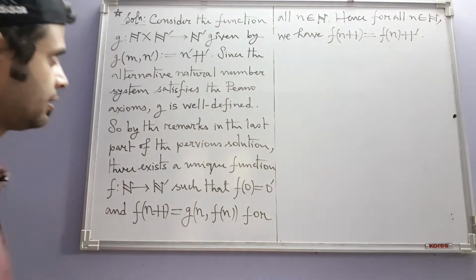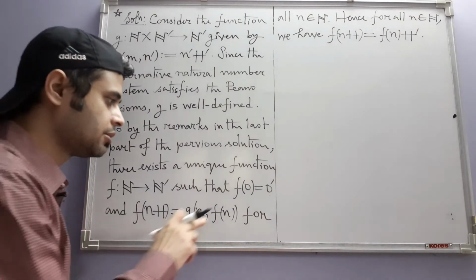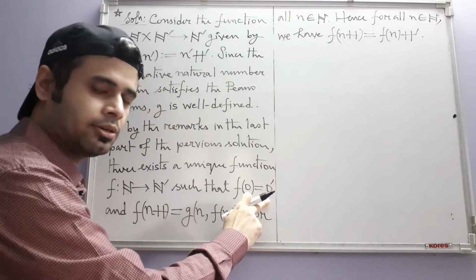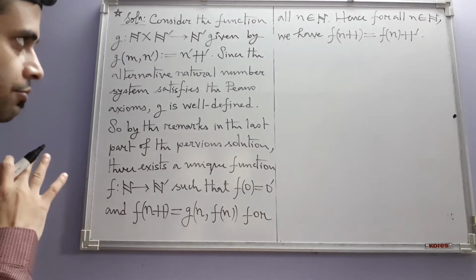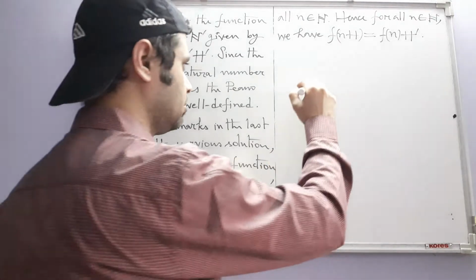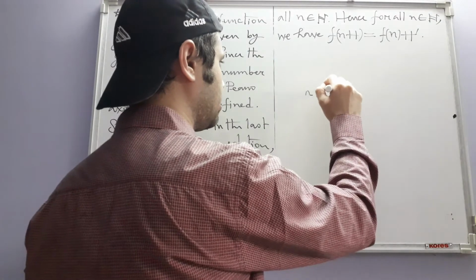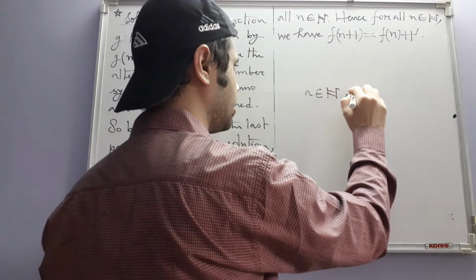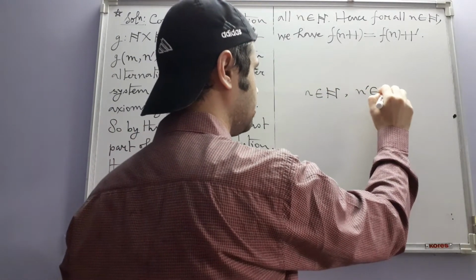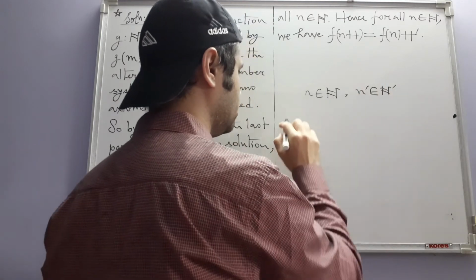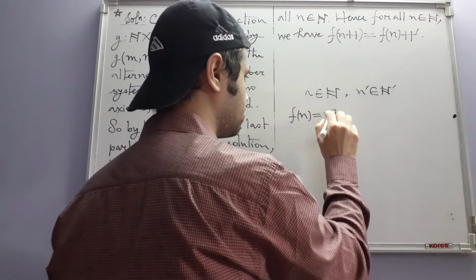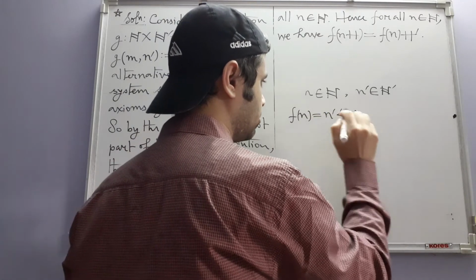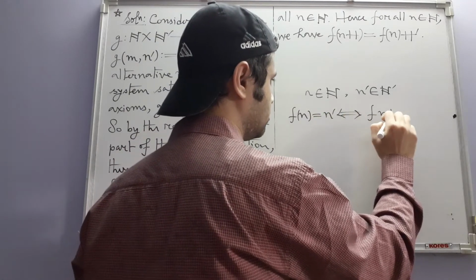Okay, so note that one of the requirements that we have, f of 0 equal to 0 prime, is already there. Now we have to prove that if we have a natural number n and an alternative natural number n prime, then f of n is equal to n prime if and only if this happens.